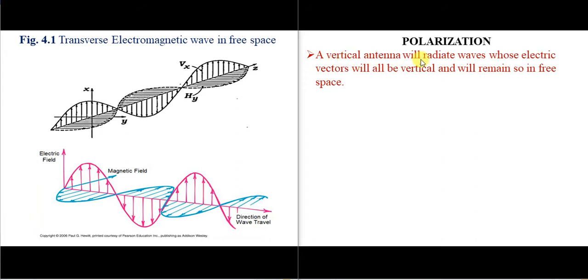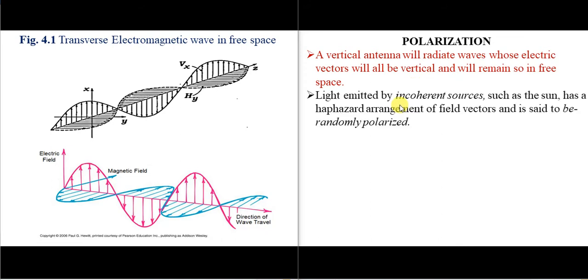Hence, a vertical antenna will radiate waves whose electric vectors will all be vertical and will remain so in free space. Light emitted by an incoherent source such as the sun has a haphazard arrangement of field vectors and hence it is said to be randomly polarized.